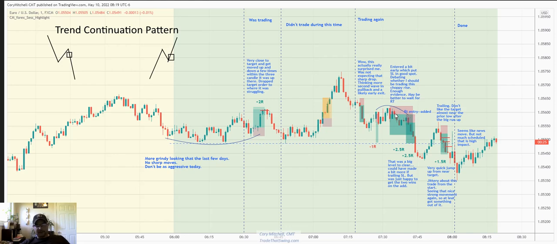So the first trade's no longer of any risk. If it stops me out, I haven't made anything and I'll lose on the one I just took, but there's no extra risk there. So it's a way to increase your profits without necessarily increasing your risk.